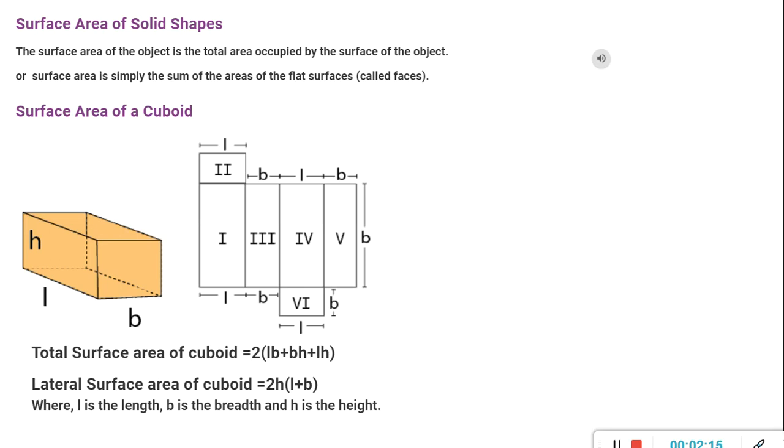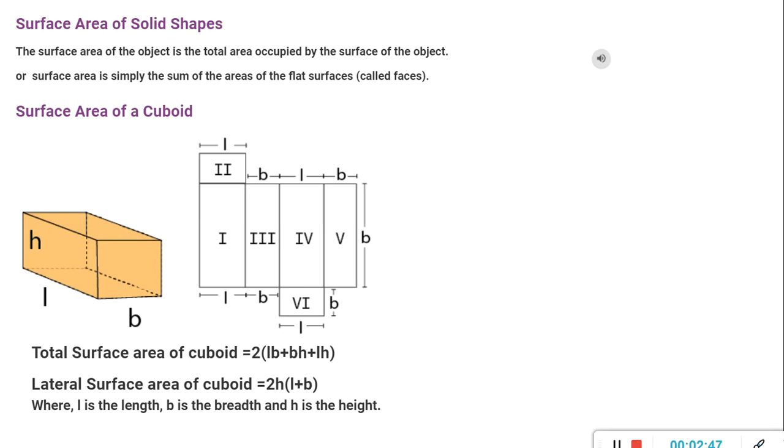Same way, lateral surface area. What is lateral surface area? If we keep the cuboid in the lateral way, the up and down faces will not come. The remaining 4 faces are the lateral faces. So that area will be 2h into (L plus B). Means here it is length into height plus length into breadth plus length into height again plus length into breadth, height into breadth.